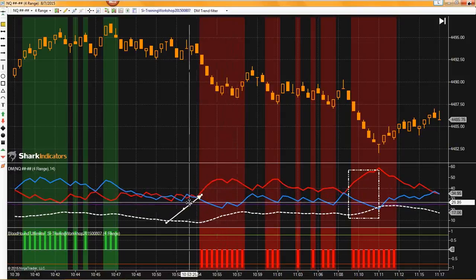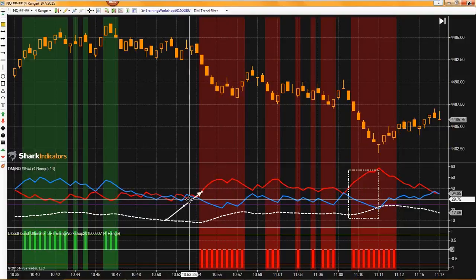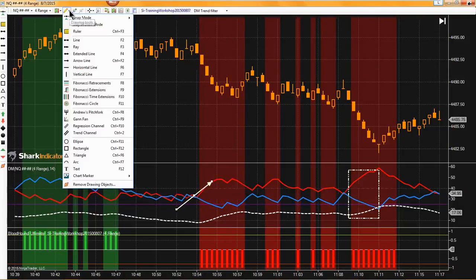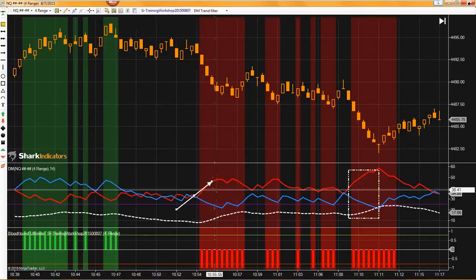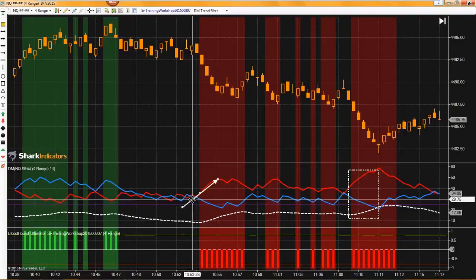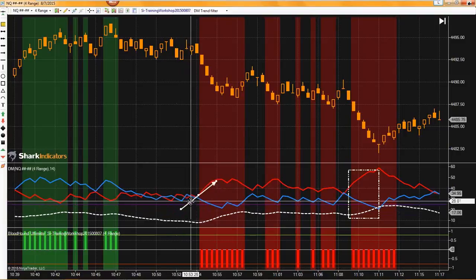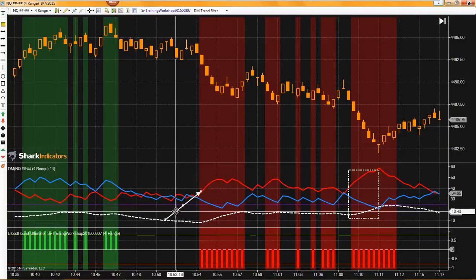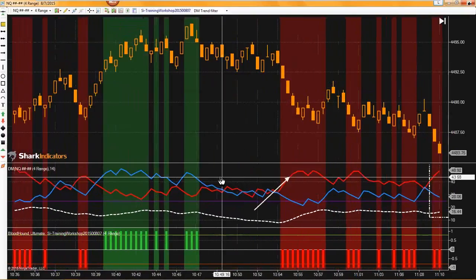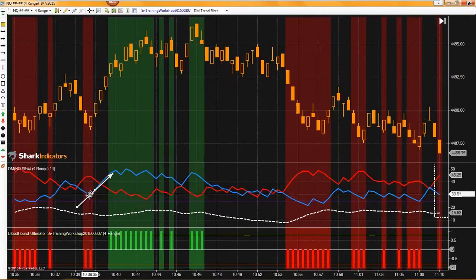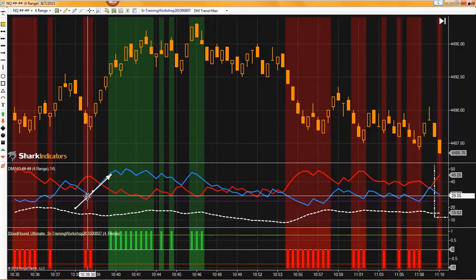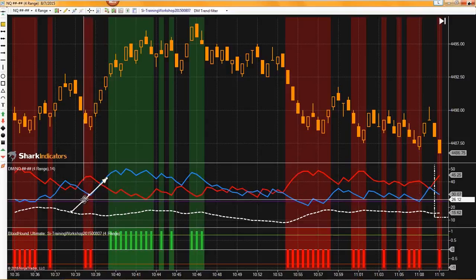So in this case, I'm only interested when the DI minus is sloping up. Let me make a change here. Let's disable that. There we go. So we're only interested when the DI minus is sloping up to identify an even stronger downtrend. And then to identify a strong uptrend, we'll look for when the DI plus is sloping up.